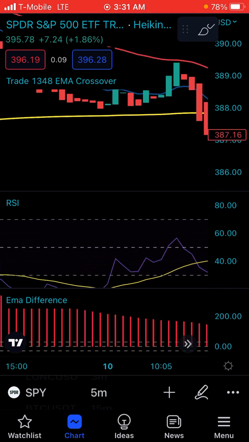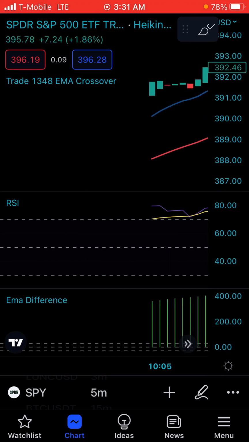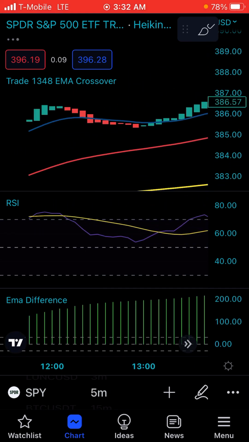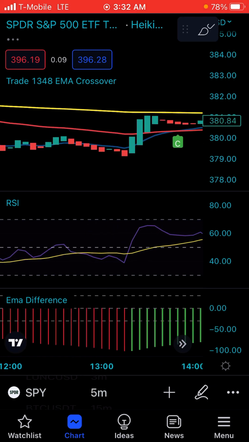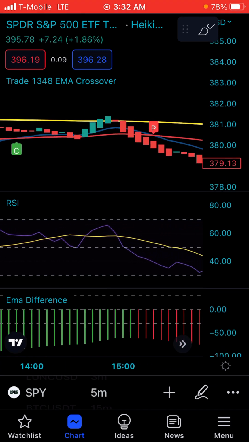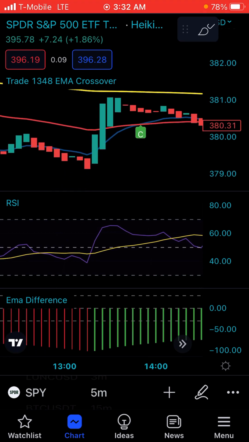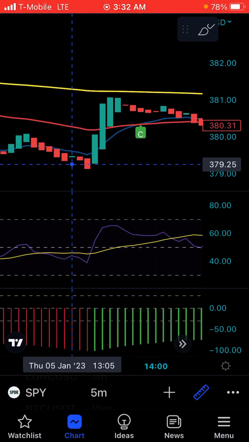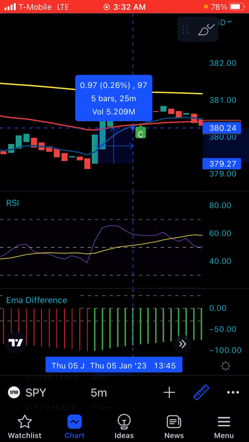So let's do one more example of this, and then I want to do this example with crypto. Let's do it with a red to a green. Okay. So we see right here, it goes from red to a green. So you can get in right here, right before the cross happens.